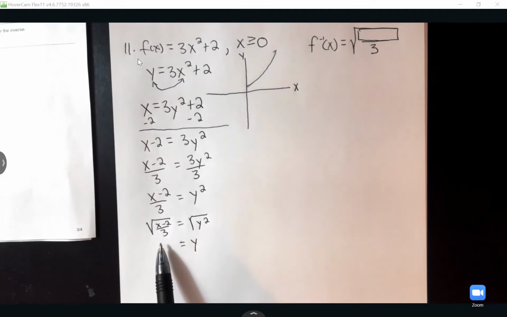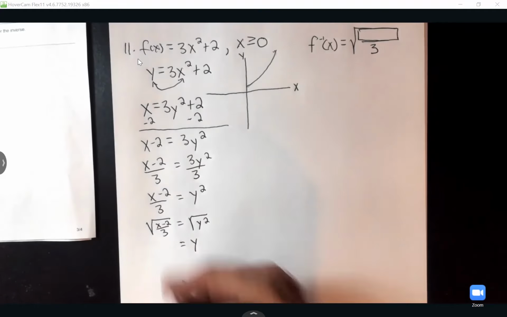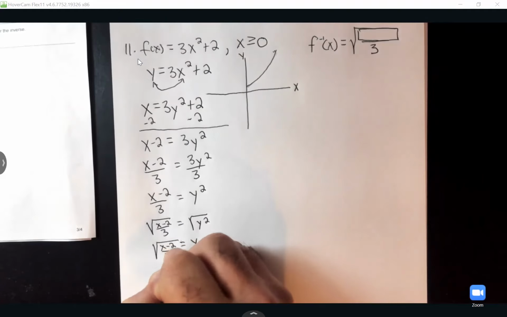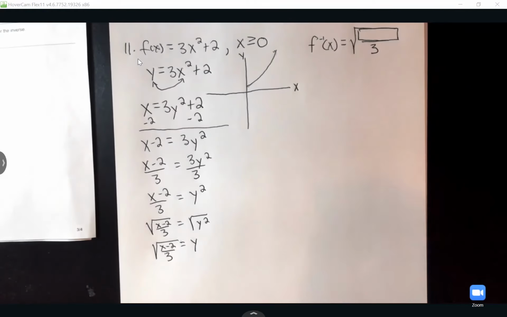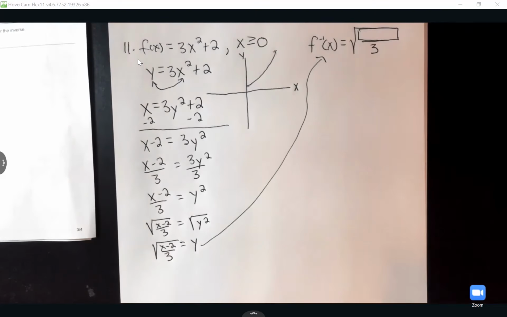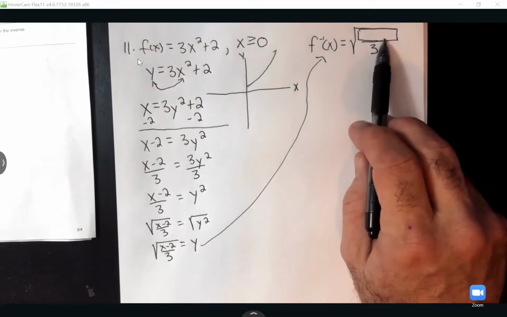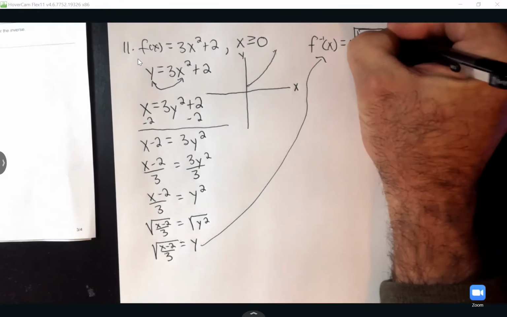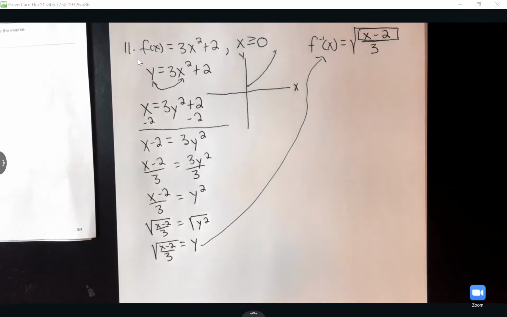The square root of x minus 2 over 3, we cannot do anything to, so that's going to stay a square root of x minus 2 over 3, which means up here in the answer box, they gave me everything except for the top, so I would just come in and put the x minus 2 and be done.